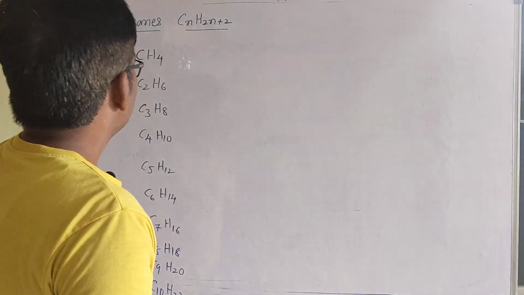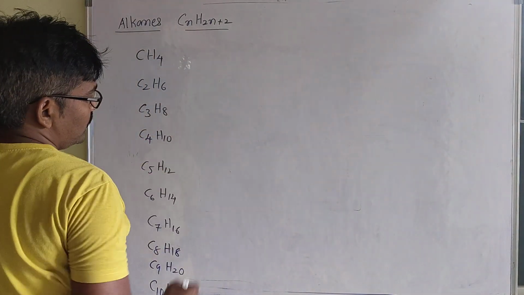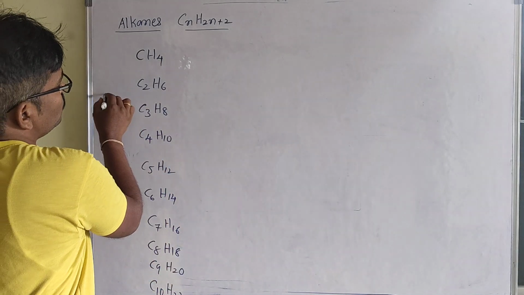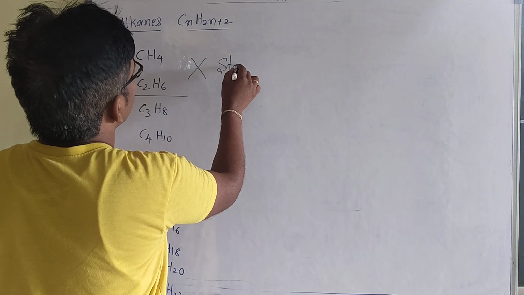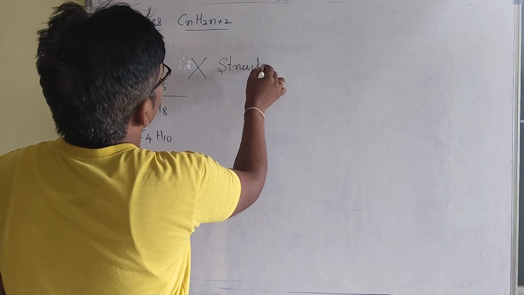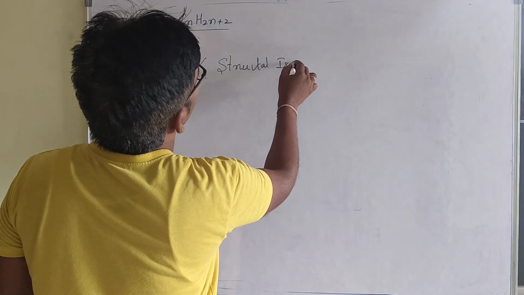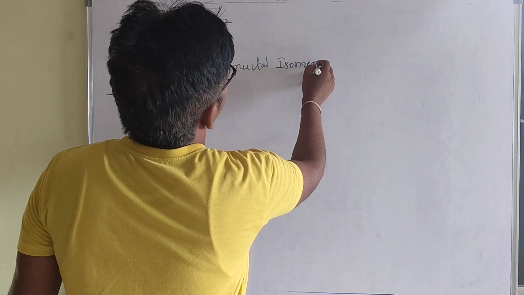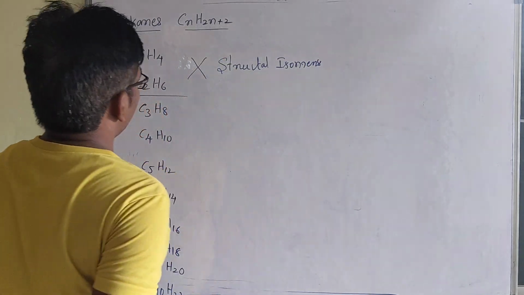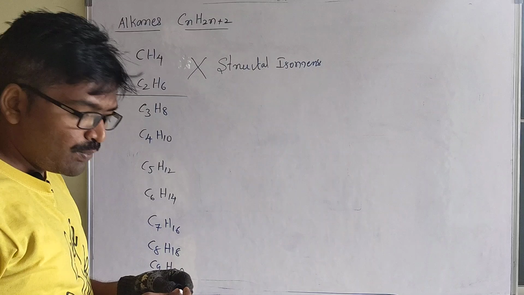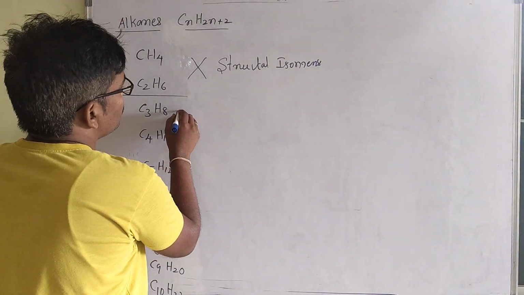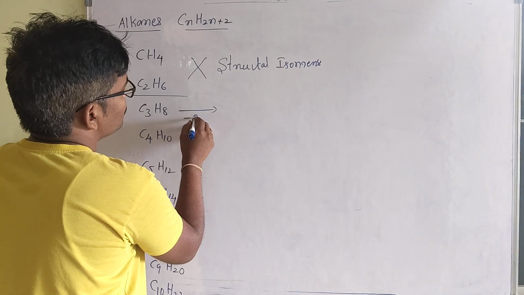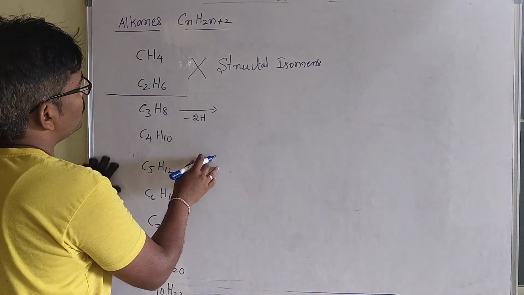Yes. Sir, in these alkanes, the first 2 do not show structural isomerism. Then from propane onwards, if 2 hydrogen atoms are reduced, what comes?